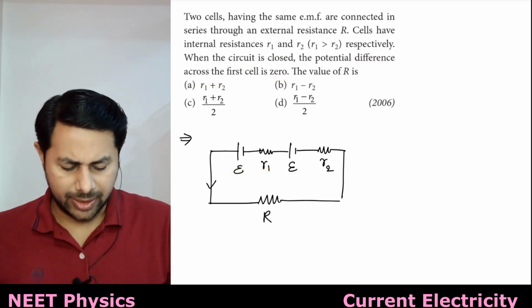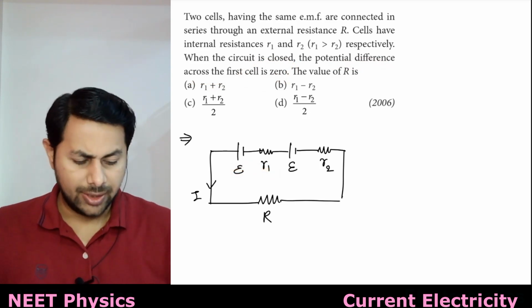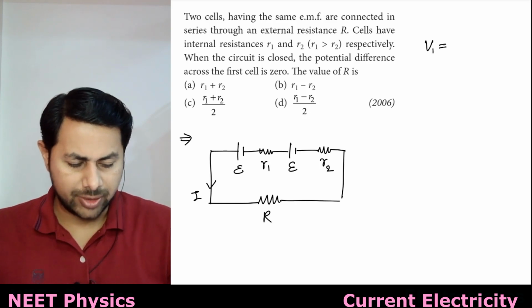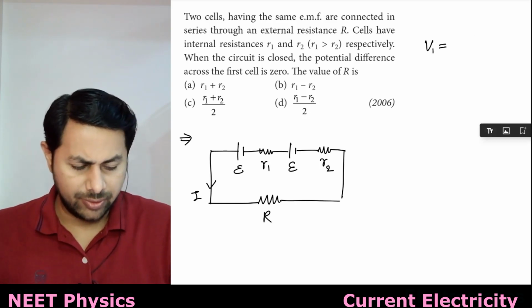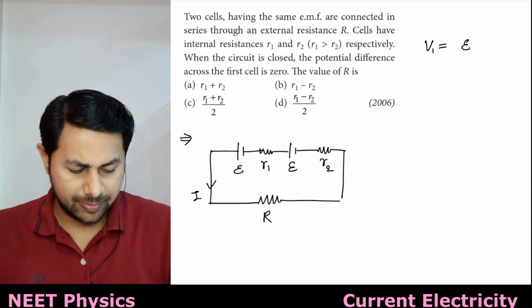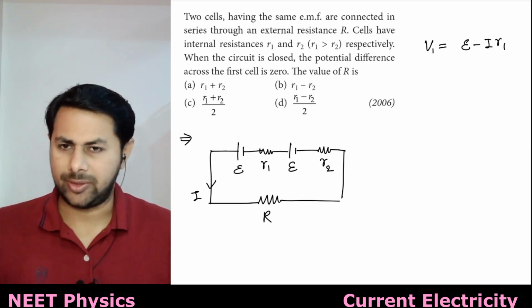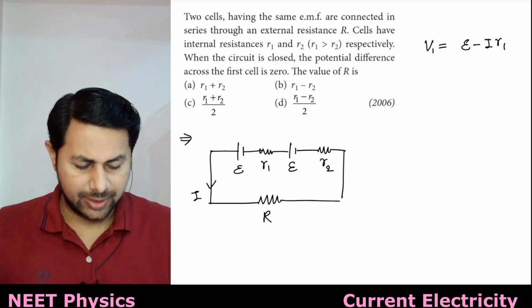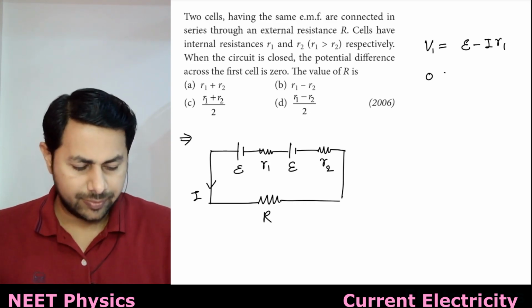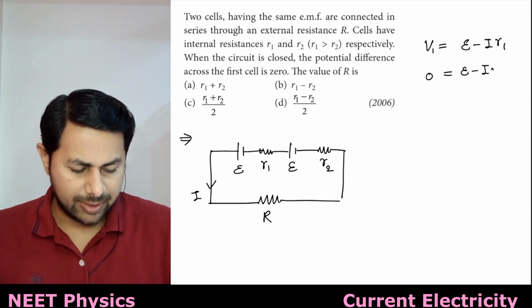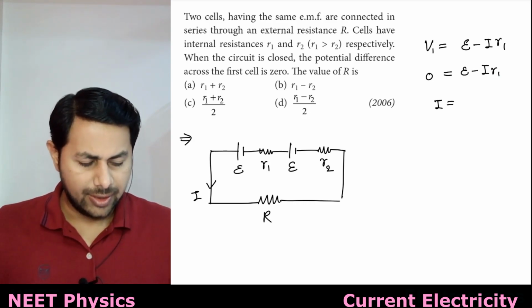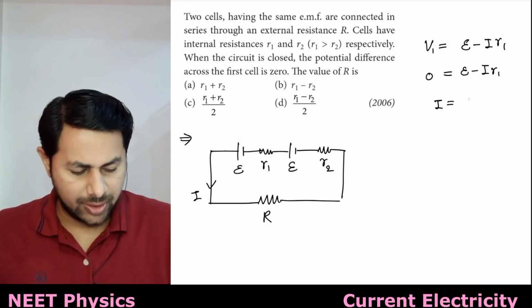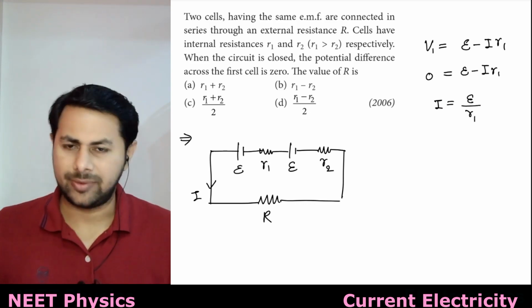So suppose some current I flows through this circuit, then what is potential difference across the first cell? So it is V1. V1 is equal to E minus I times R1, and this is equal to 0, they say. So E minus IR1 is equal to 0, and from that I is equal to E divided by R1.